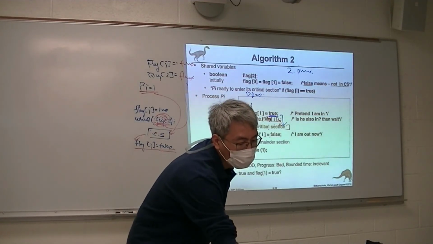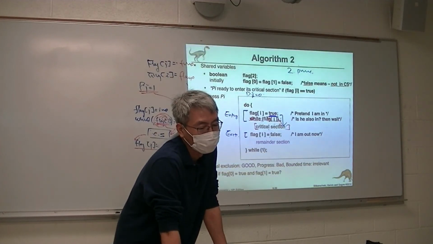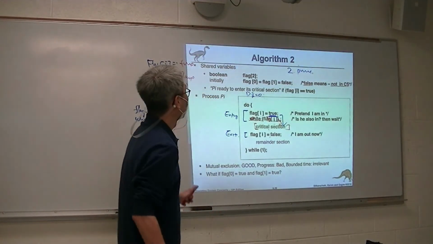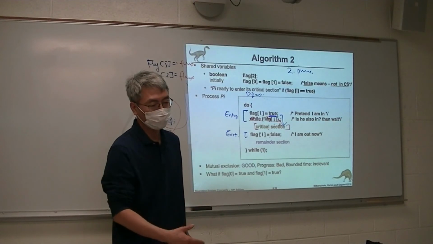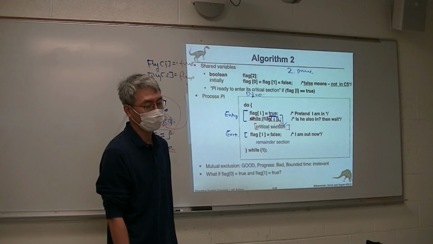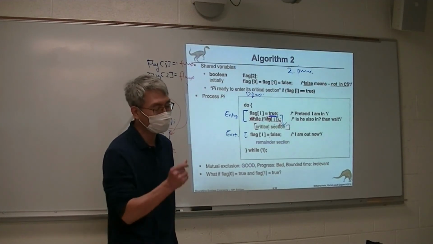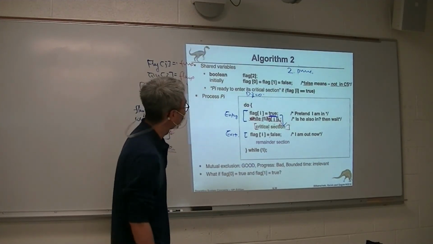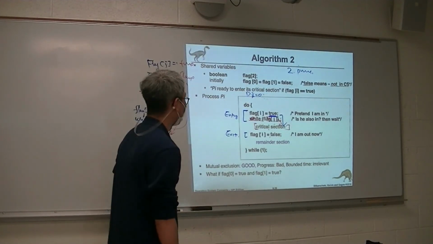Only one of them can execute the critical section. The entry and exit sections will be run every time. But here I have a question. Assume that both process 0 and process 1 set their own flag to true. They will both be waiting. That's a good question. So we will check what happened in case both of them are true.